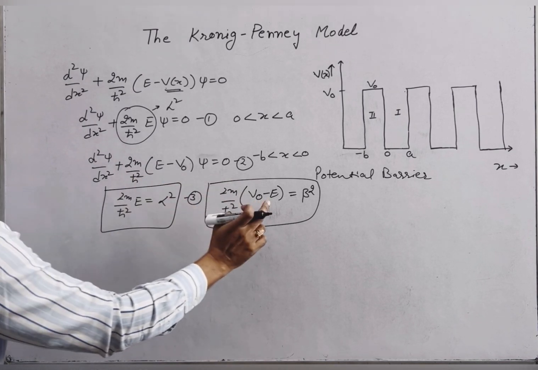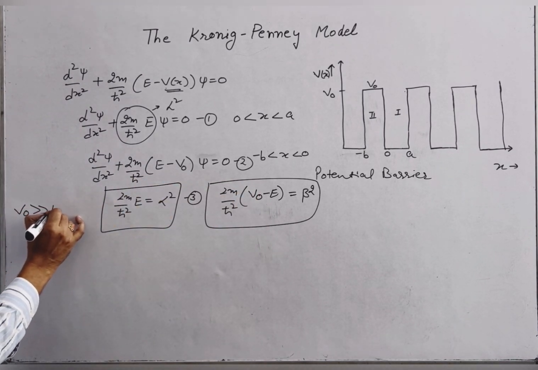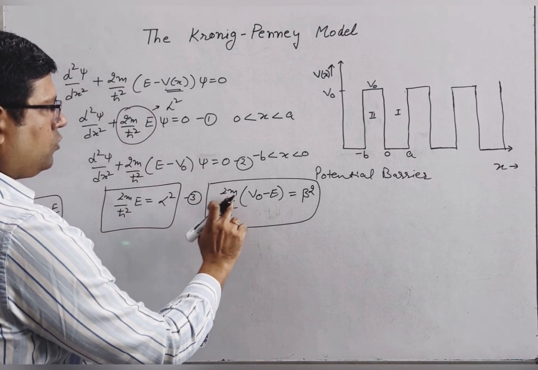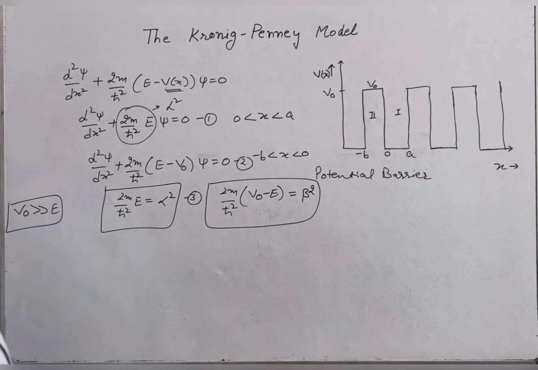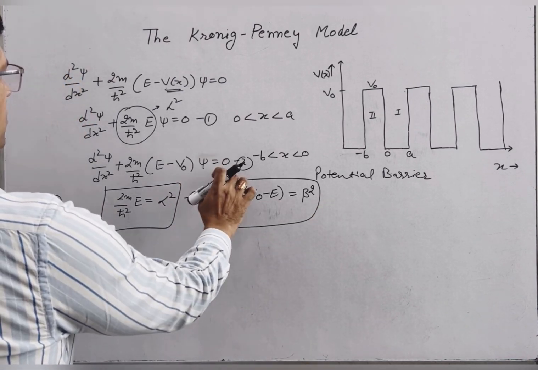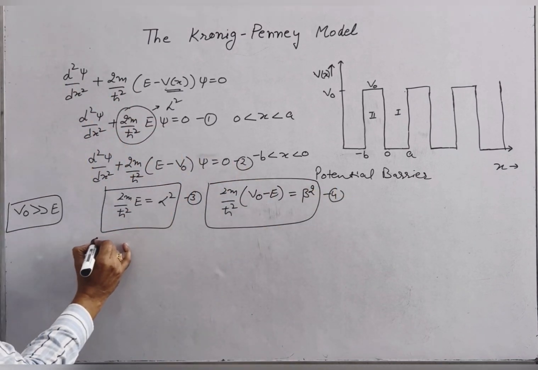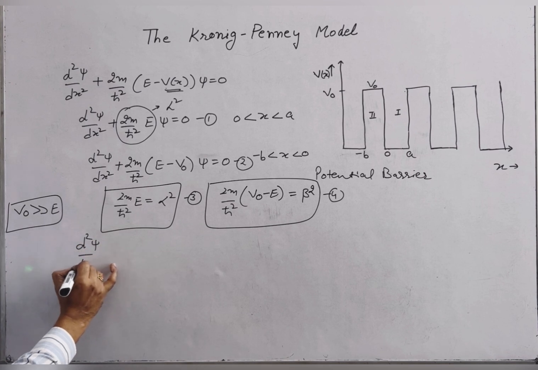In this term, we have assumed that V naught is much greater than E, so we take 2m upon h cut square, V naught minus E, as beta square.